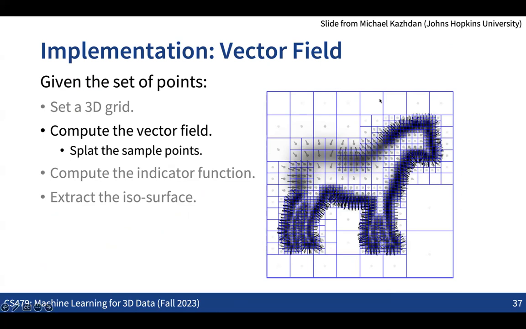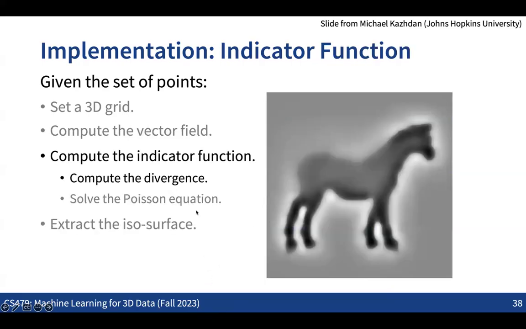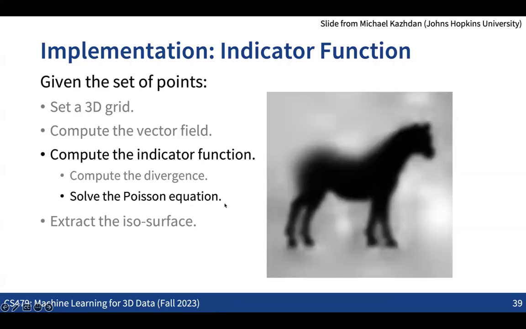So given the oriented point cloud information, we calculate the vector field for each center of the voxels. And then we compute the divergence with the operator that we define. Based on that, we can now solve Poisson's equation by solving the least squares problem.